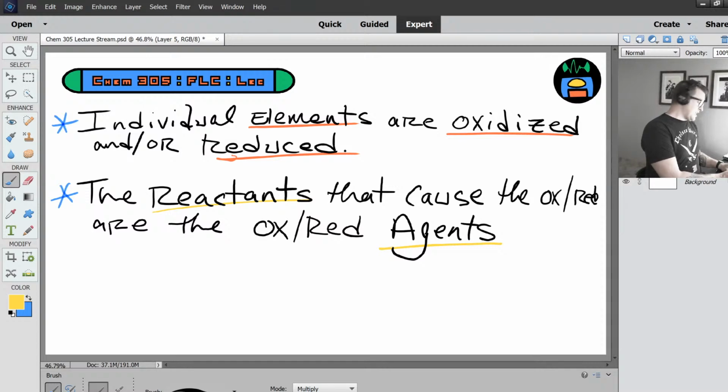Or you could think of it as having your electrons stolen by another molecule. Oxidation is a general term. There are a lot of different processes that involve oxidation, but all it means is that electrons have been lost. If electrons have been lost, oxidation has occurred.